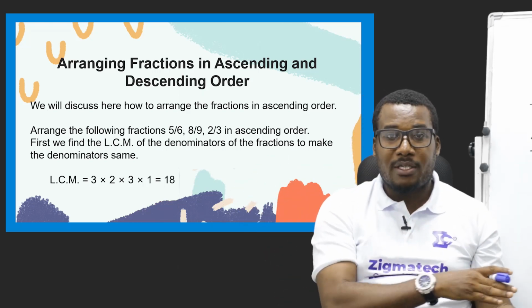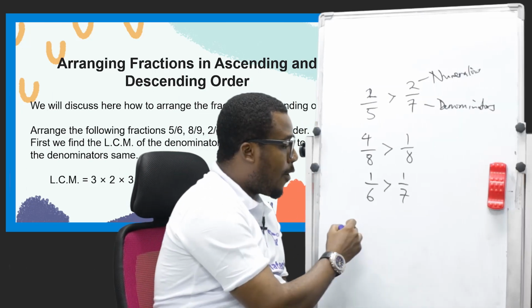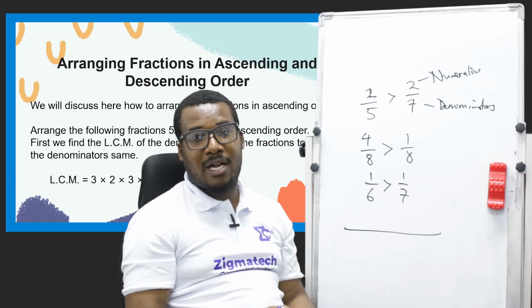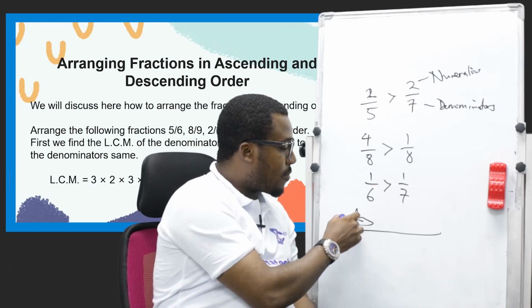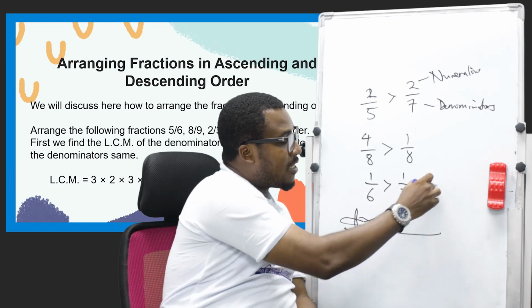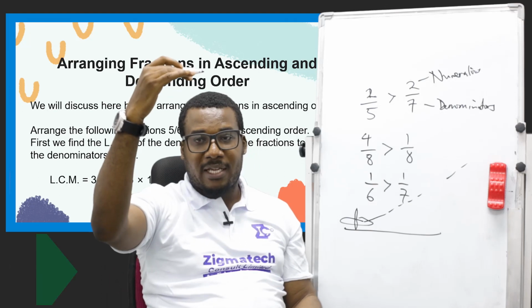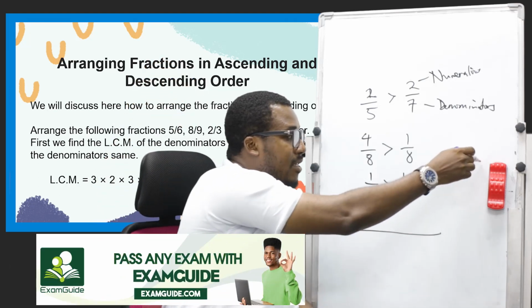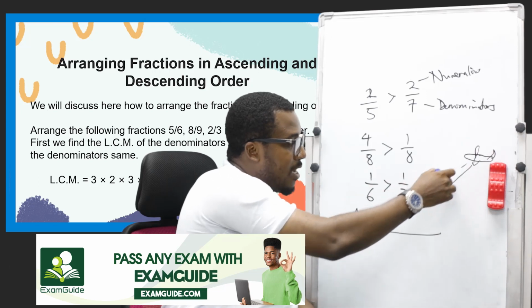Ascending is going from the lowest to the highest. It's like an aeroplane taking off from the tarmac. The aeroplane goes and is about to take off, so it's climbing up. But when the aeroplane reaches the height and is about to land, there is a descending order. So the aeroplane starts coming down and it descends.